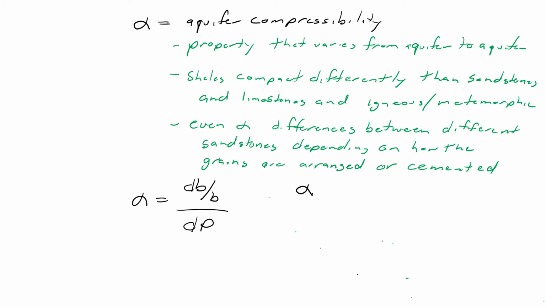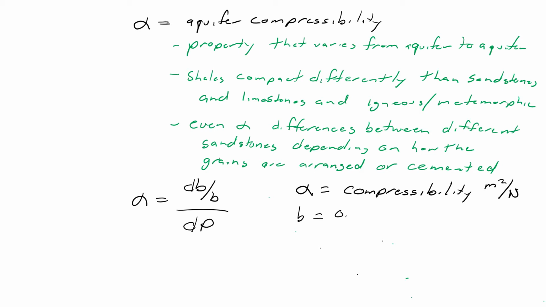So again, this little, I think it's alpha, is our value for compressibility. Its units, which I'm not going to spend much time on because we're going to do some calculations in a minute, are meters squared per Newton. Newton is a measure of stress or pressure.